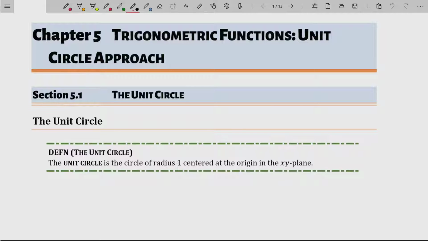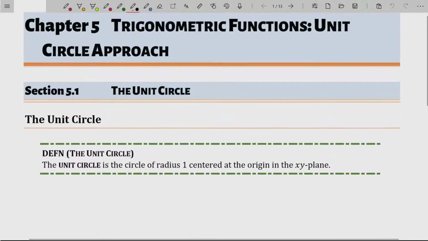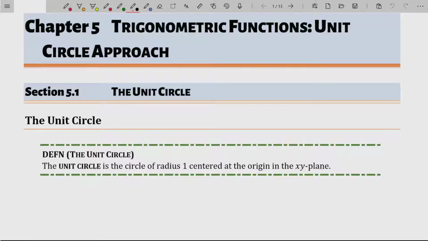All right, as a review, in the text I use, we'll focus initially on the unit circle approach to trigonometry. There are, as you know, two approaches, one being the unit circle approach and one being the right triangle approach. My preferred approach is the right triangle approach.